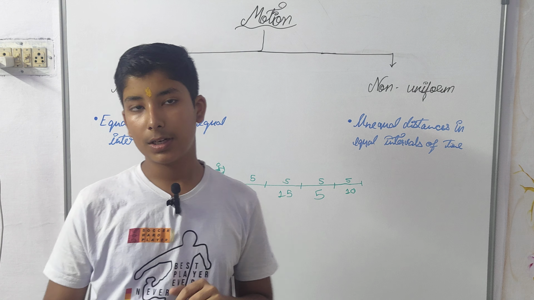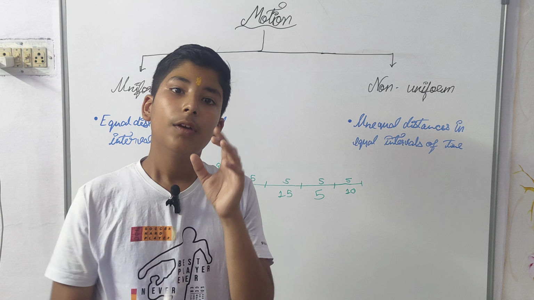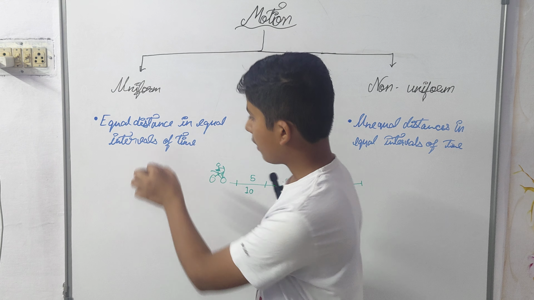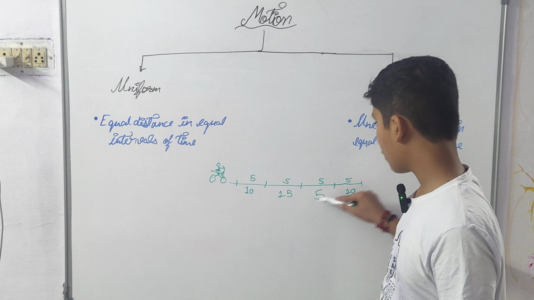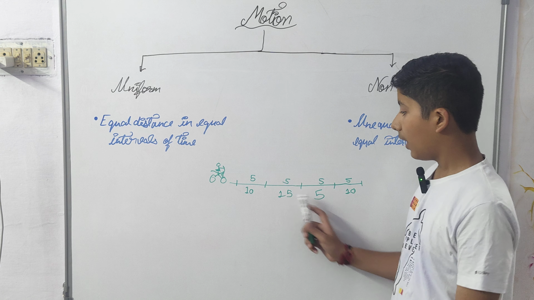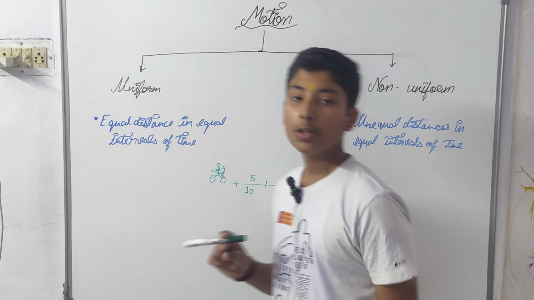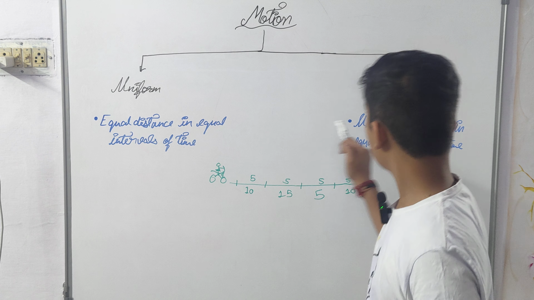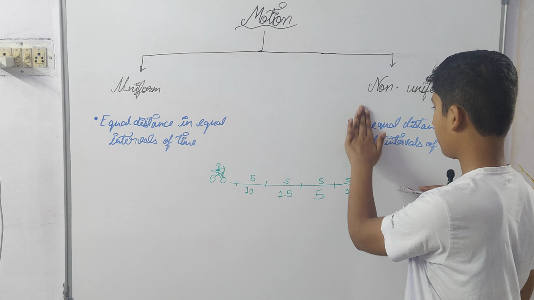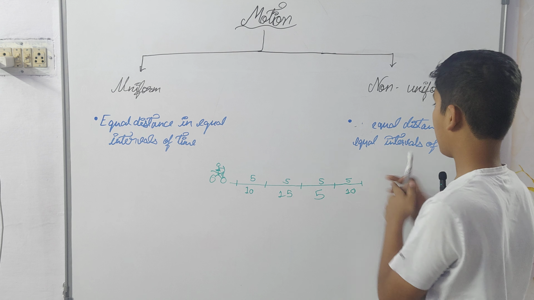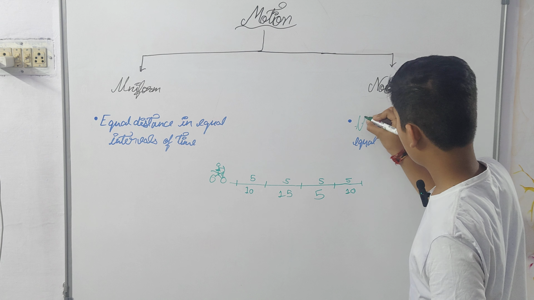So you might have understood, uniform motion is equal distances covered in equal intervals of time. The time was equal and distance is also equal. So this is uniform. But if non-uniform, unequal distances.